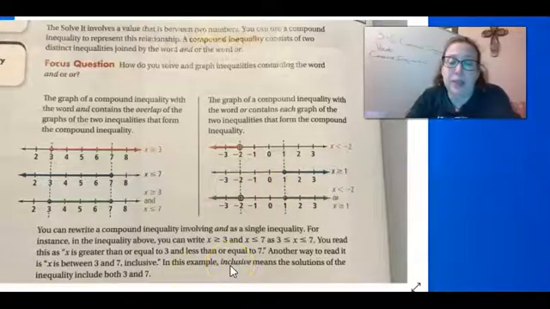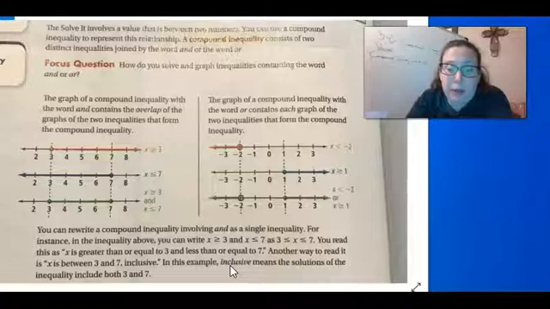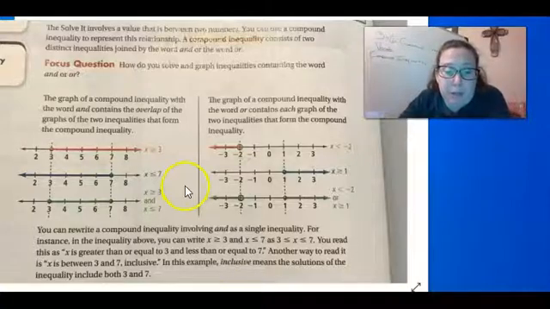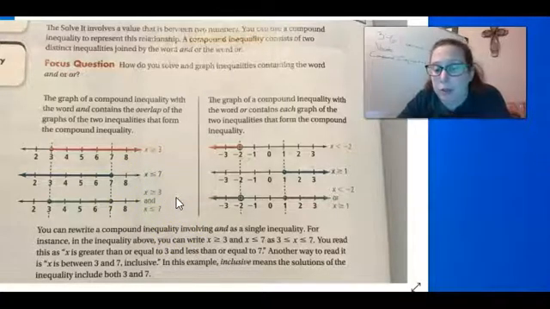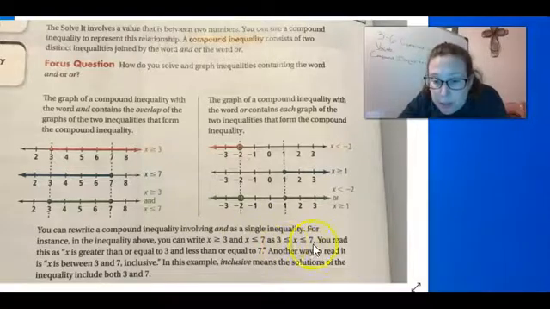Notice down here it explains that when you have "and" connecting your two inequalities, there's two ways you can write it. You can keep it like they have up here and just say x is greater than or equal to 3 and x is less than or equal to 7. Or you can combine the two and make it nice and neat like this one.